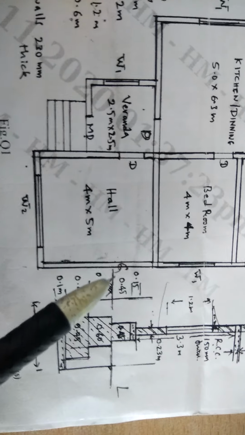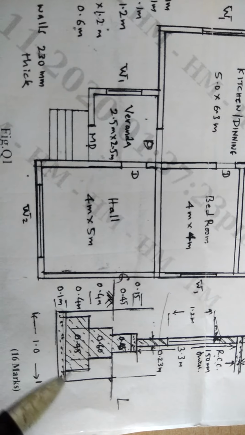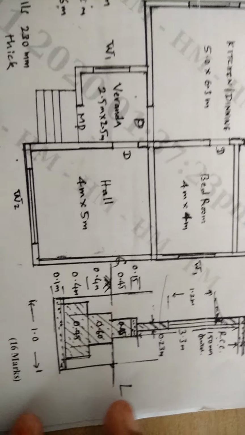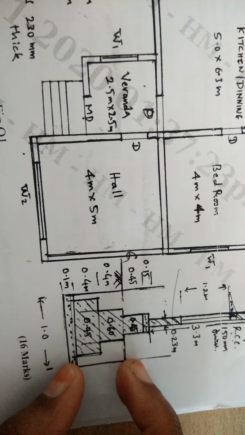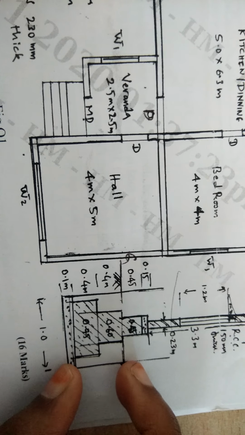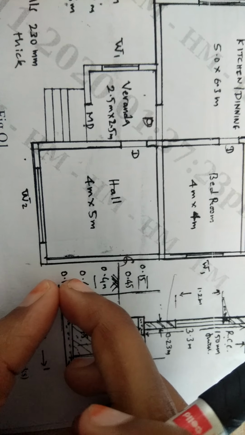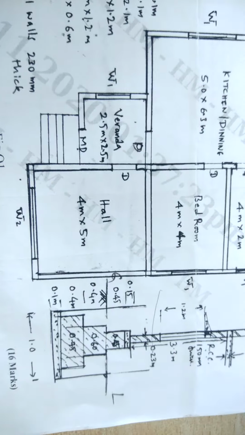See, below the ground level, whatever the depth which you can see, for that particular depth we are going to extract the soil. That means up to this depth the soil will be extracted. Hence you have to find this much of depth, and this much of depth will be found out by adding these 3 depths. 0.4 plus 0.4 plus 0.1 gives you the total depth of the excavation, which is equal to 0.9.